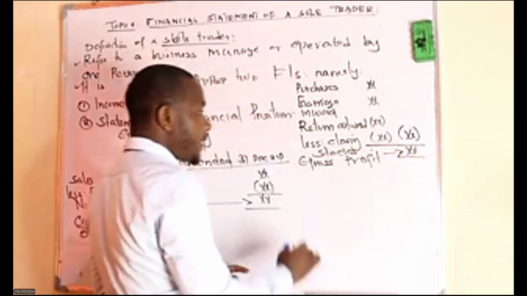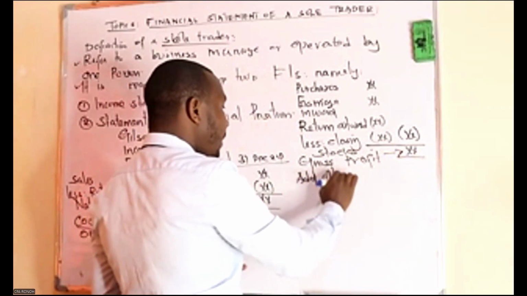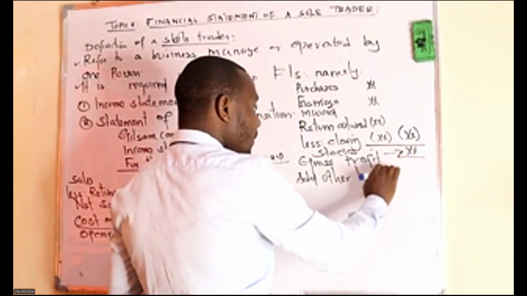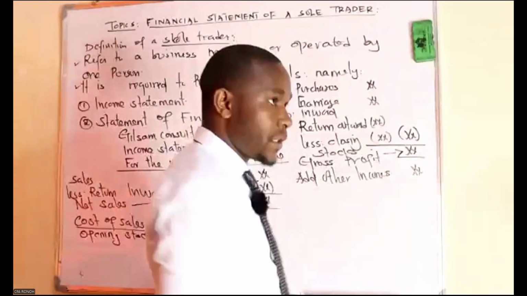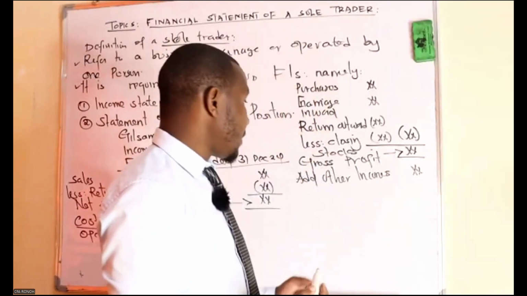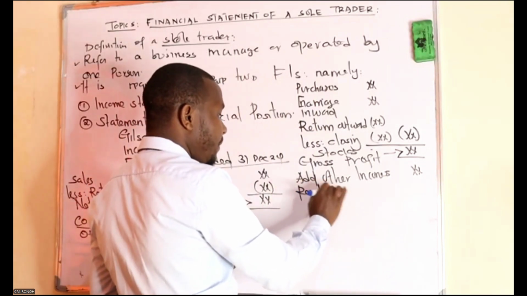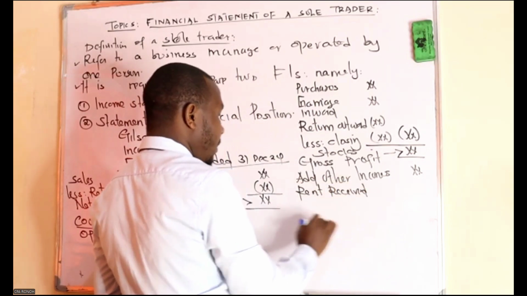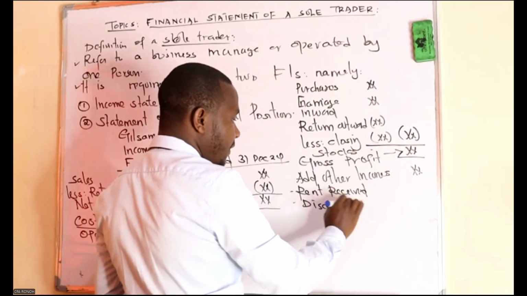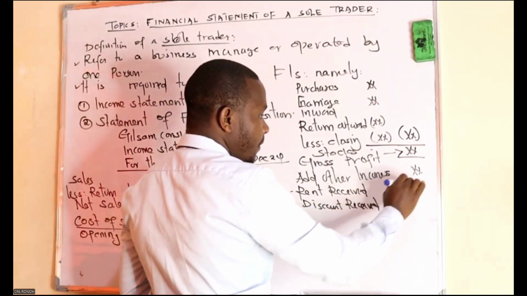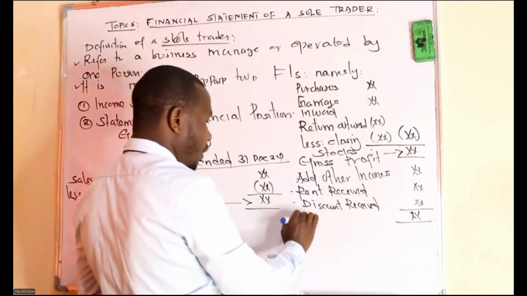And then after getting the gross profit, we say add other incomes. These other incomes, maybe you can just write a lot, or we can even list them, like rent received, discount received, so that you get your total income.